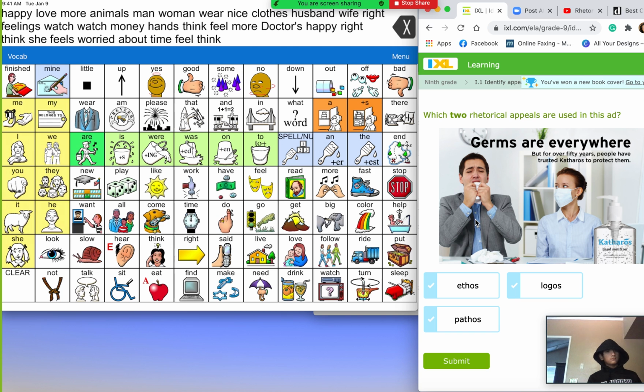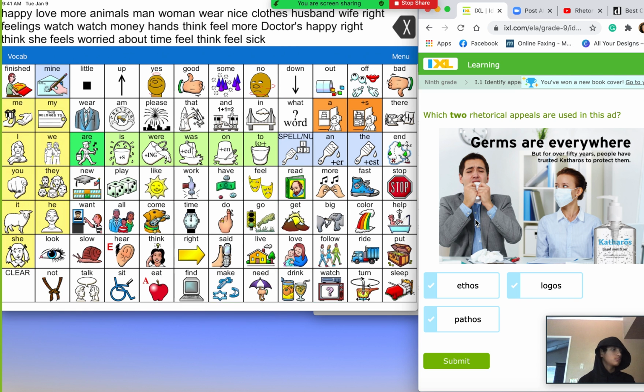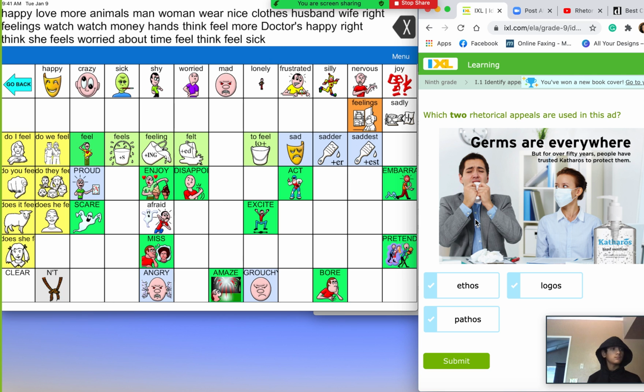What do you think people are generally feeling when they look like that? What do you think? Yes, the guy sneezing, feeling sick. What about the other person? How do you think they're feeling?